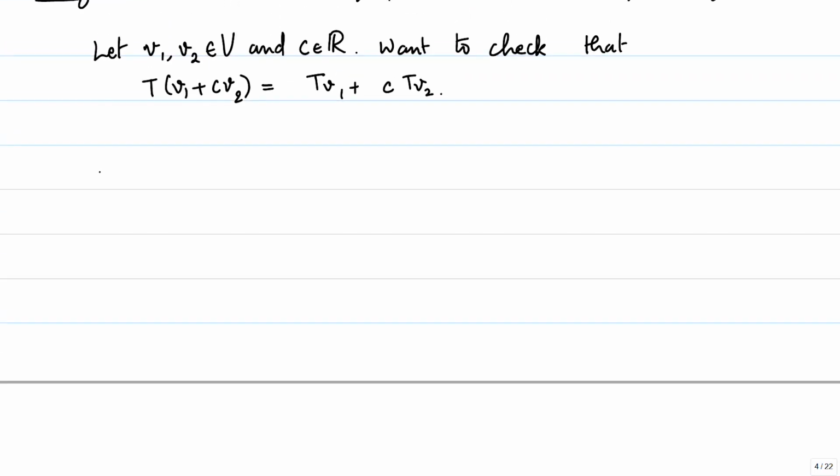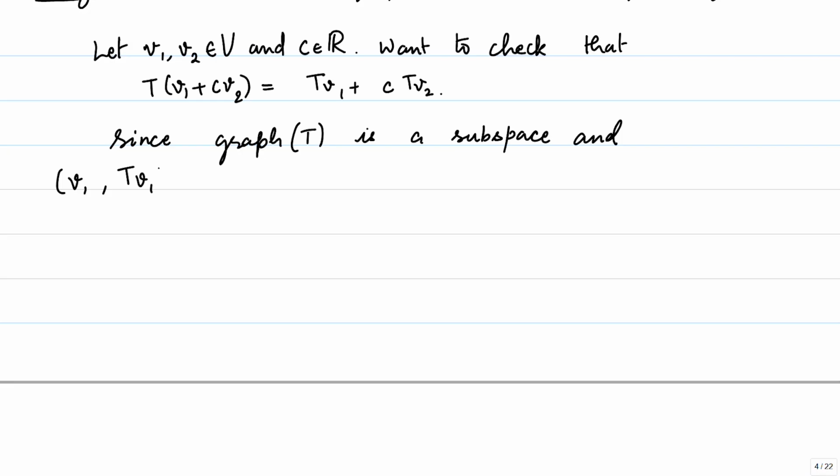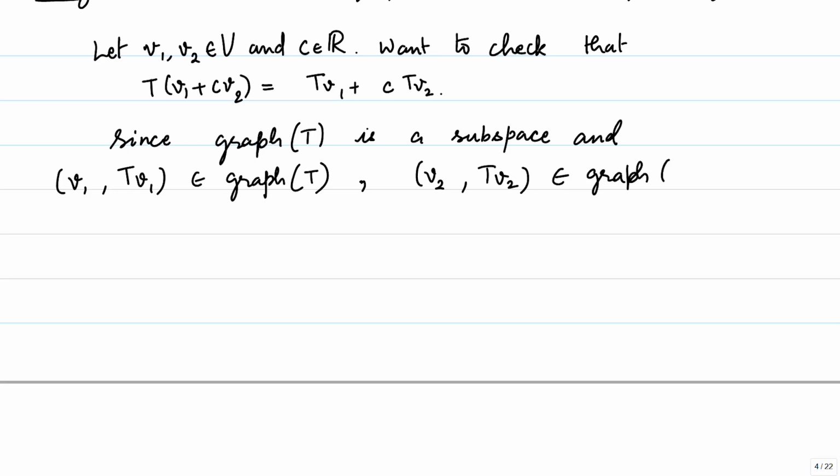So notice that graph of T is a subspace, and (V1, TV1) belongs to graph of T, and (V2, TV2) belongs to graph of T. We have the following element also.